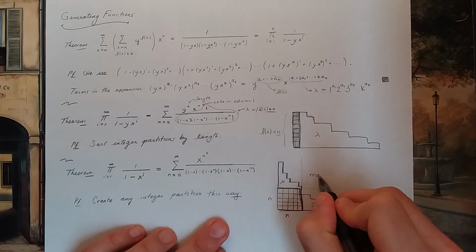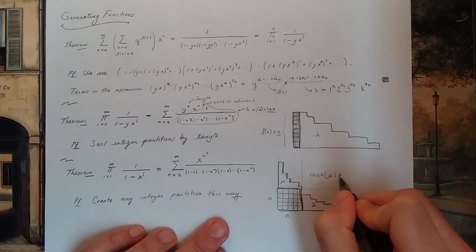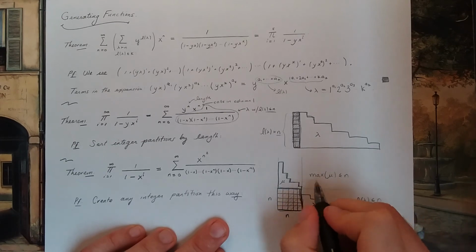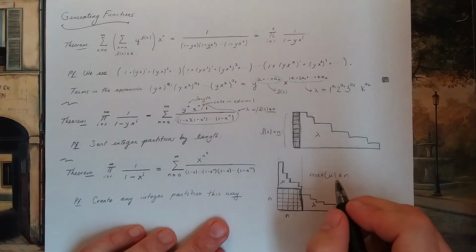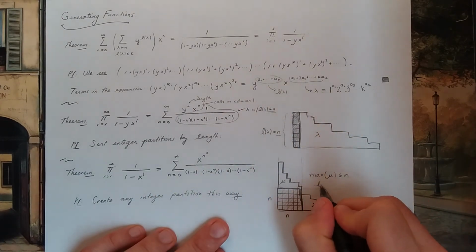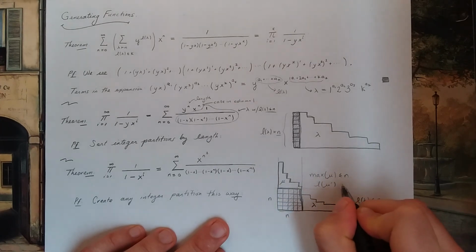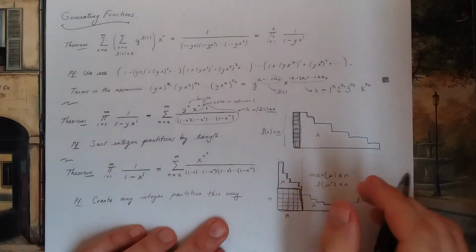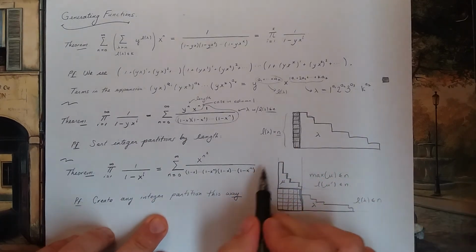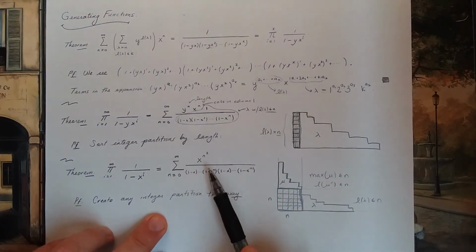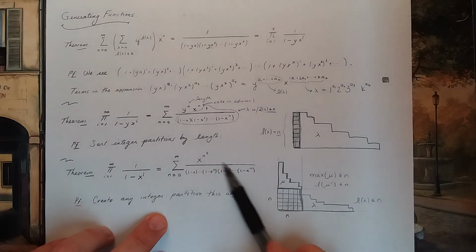So we want the maximum of mu to be less than or equal to n. And as we saw when we discussed integer partitions in our first video, that corresponds to the length of the conjugate partition mu prime being less than or equal to n. Any integer partition you like can be created this way, and that's exactly what's counted by this sum.